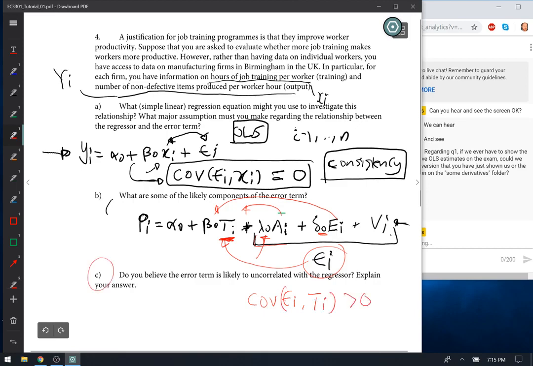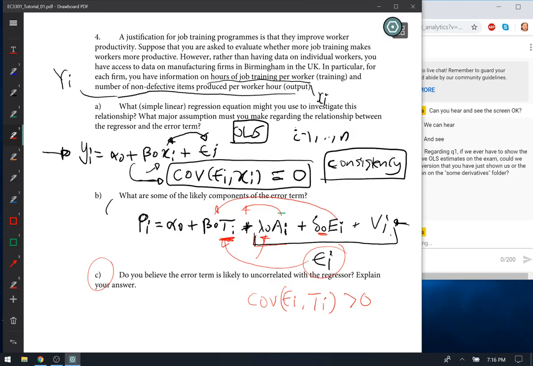Which is part C. So do you believe that this unobservable e_i is likely to be uncorrelated with the regressor? Well, probably not, because we've not controlled for underlying ability, quality of management, the type of firm and so on. All of these things are likely to be positively correlated with how much training they've got.